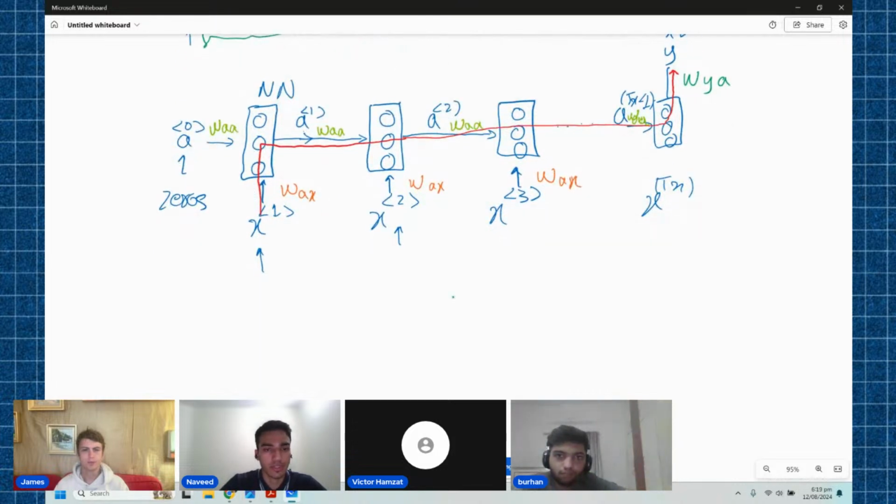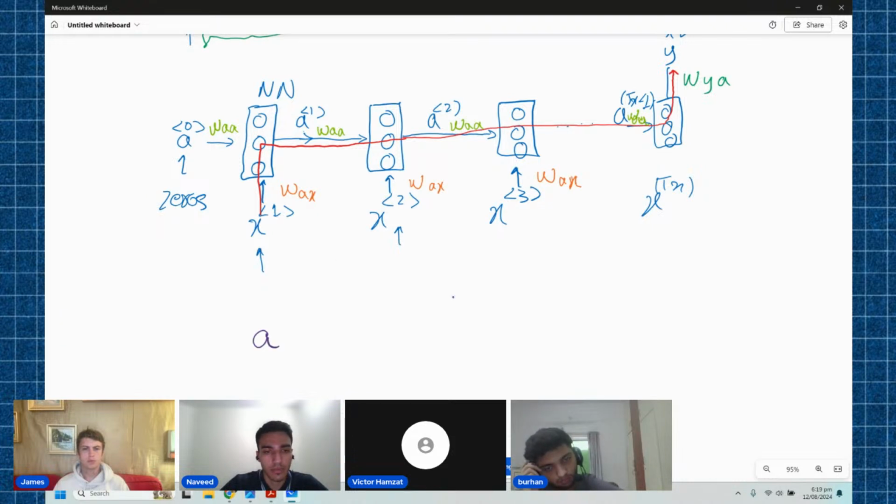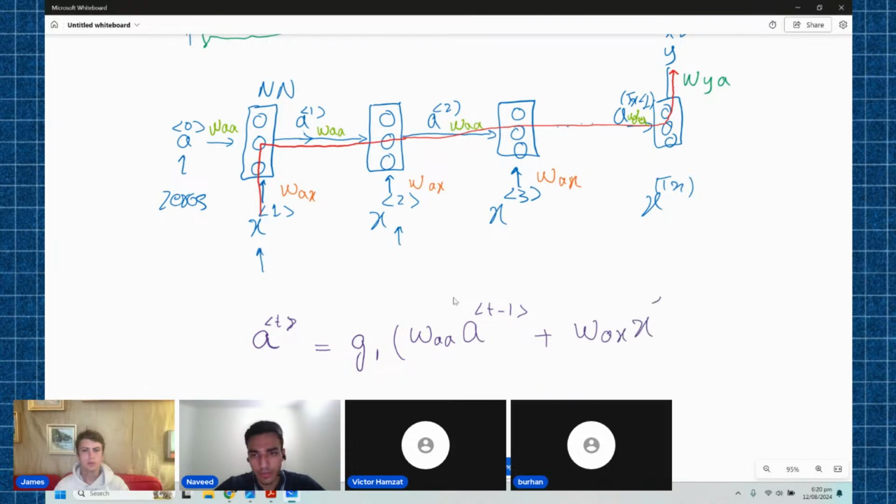In order to generate this A0 or this AT, where the T literally depends on which step you are talking about, AT is nothing but G1, where G1 is simply the activation function, of WAA times AT minus 1, plus WAX times XT, plus BA, which is the bias term.